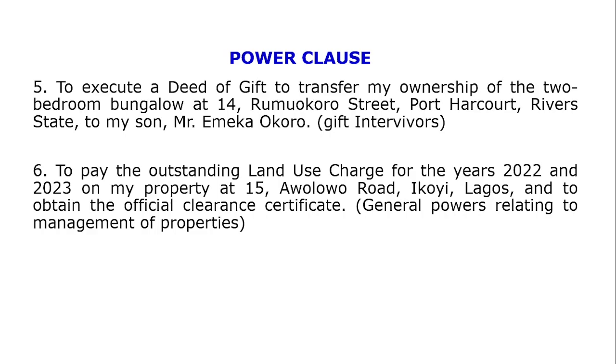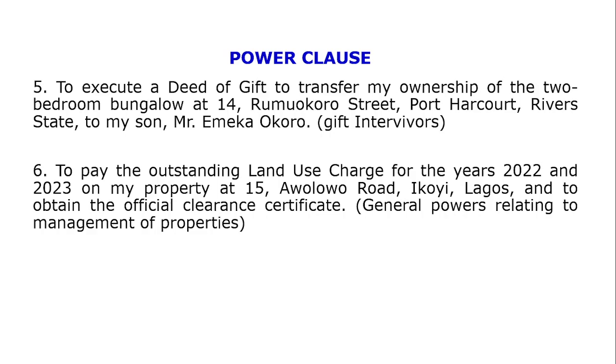So this number 6, unlike the ones we have been seeing, can be revoked in mere writing, because you can see that this power is just about management. It has nothing to do with a deed, if somebody is to collect rent or to pay land use charge. That is not by way of deed, right? So this power clause shows you the various powers that the donor may empower the donee to carry out on his behalf.